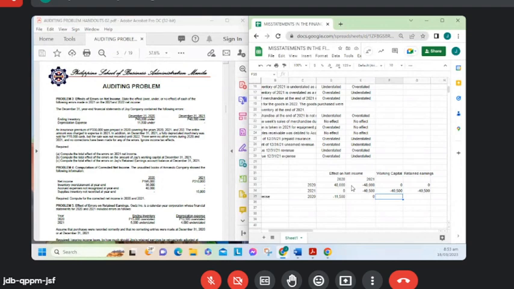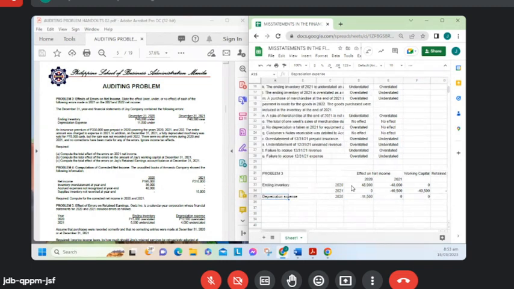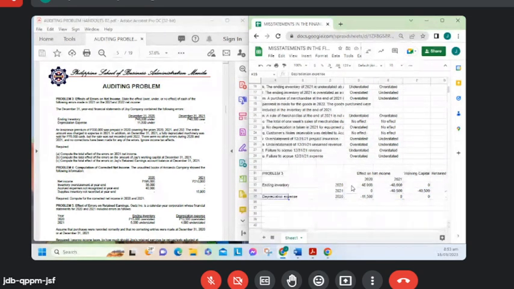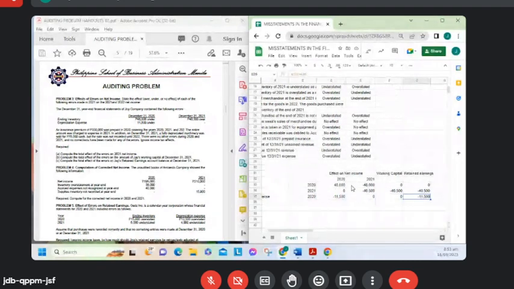So wala to, di ba? All depreciation expense will affect a non-current asset, no? Yung sa accumulated depreciation of the related property, plant, and equipment. What about the retained earnings in 2021? So retained earnings in 2021 will be affected by the understated depreciation expense.